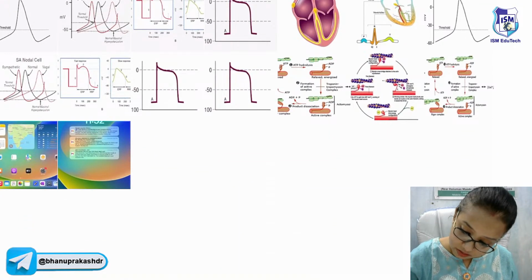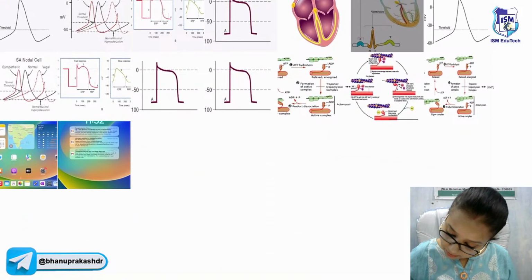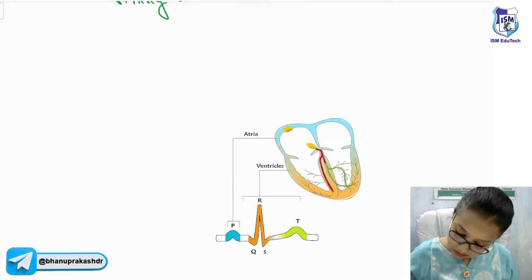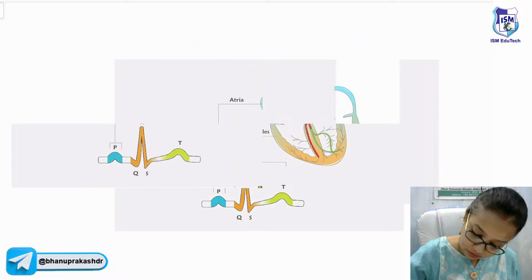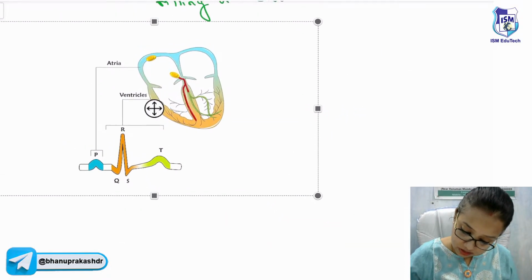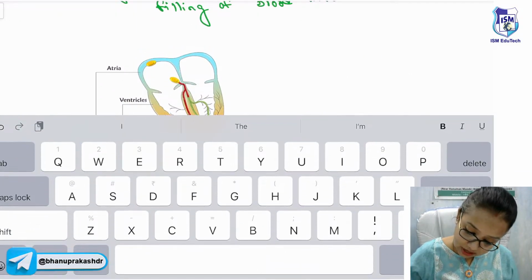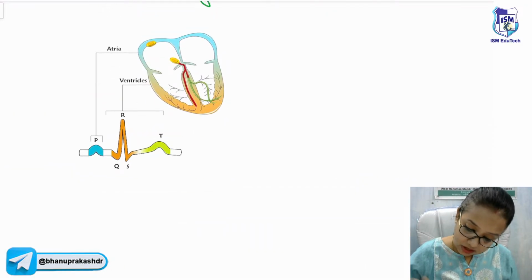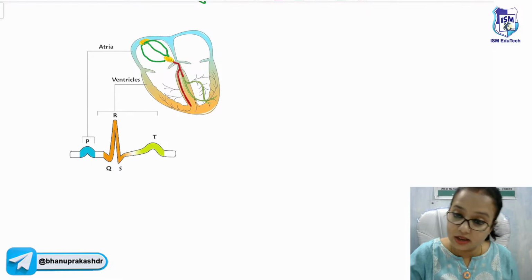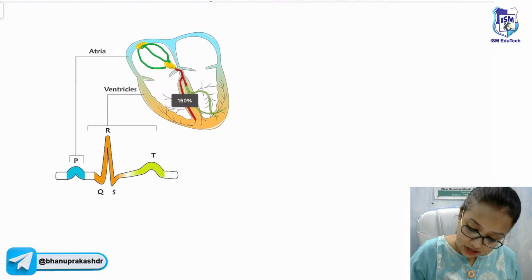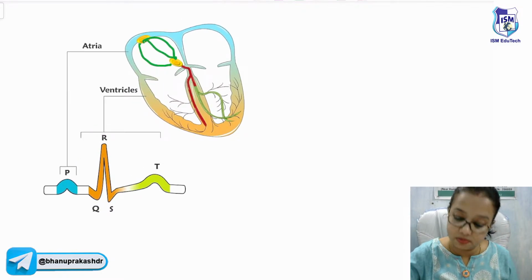So here, if we look at the diagram, we will see that after this impulse passes on to the AV node, from the AV node the next course of conduction of the impulse starts.